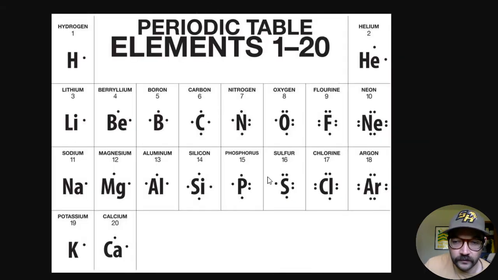If you look at the Lewis structure, argon only has 8 because Lewis structures only show the outermost shell or the valence electrons. So that's what we call the outer shell, the valence electron shell.